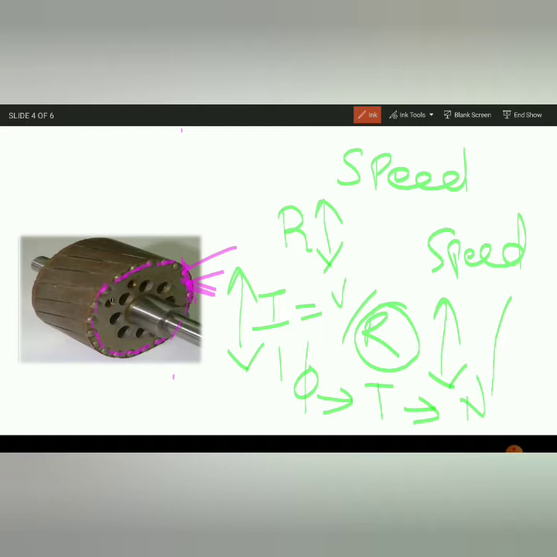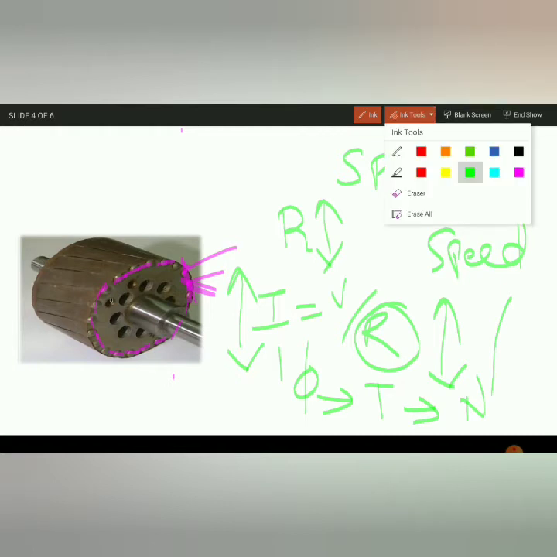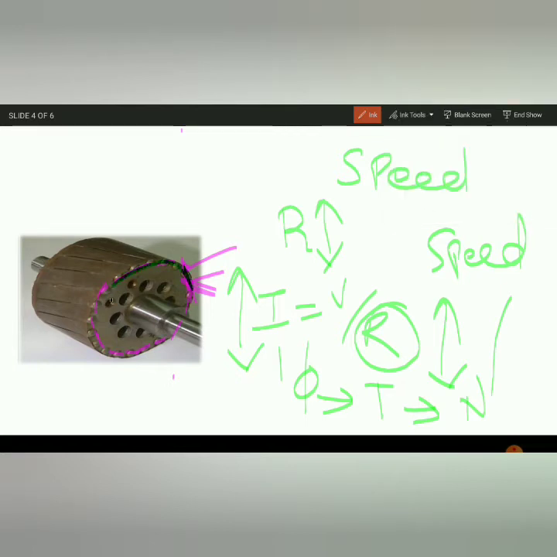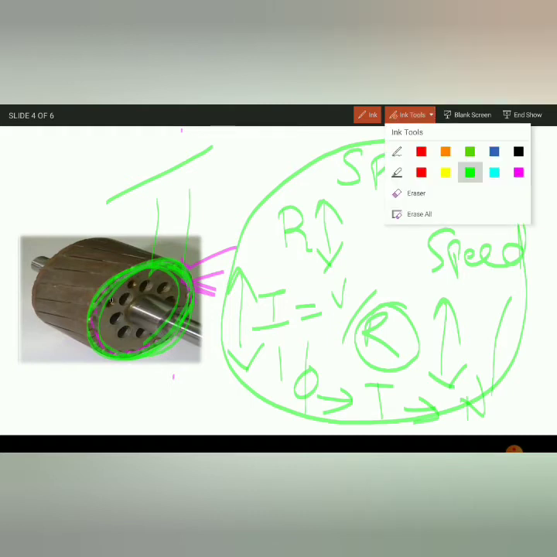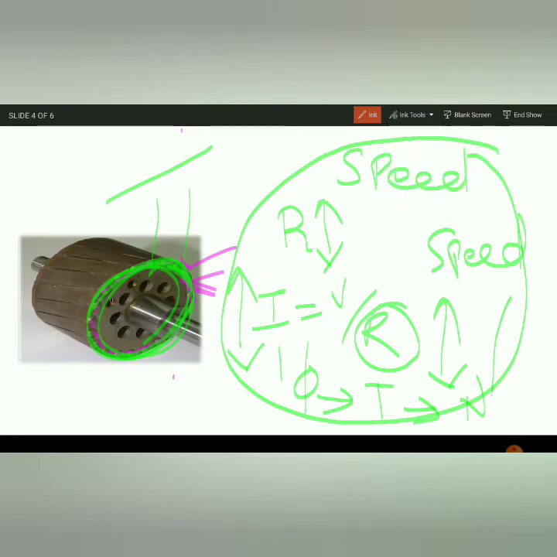In the squirrel cage induction motor, since the end rings are already closed, this option is closed for you. If this is closed, you can't insert any extra resistance, and you can't change the value of the rotor resistance. So in a squirrel cage induction motor, you will not be able to change the speed from the rotor side.